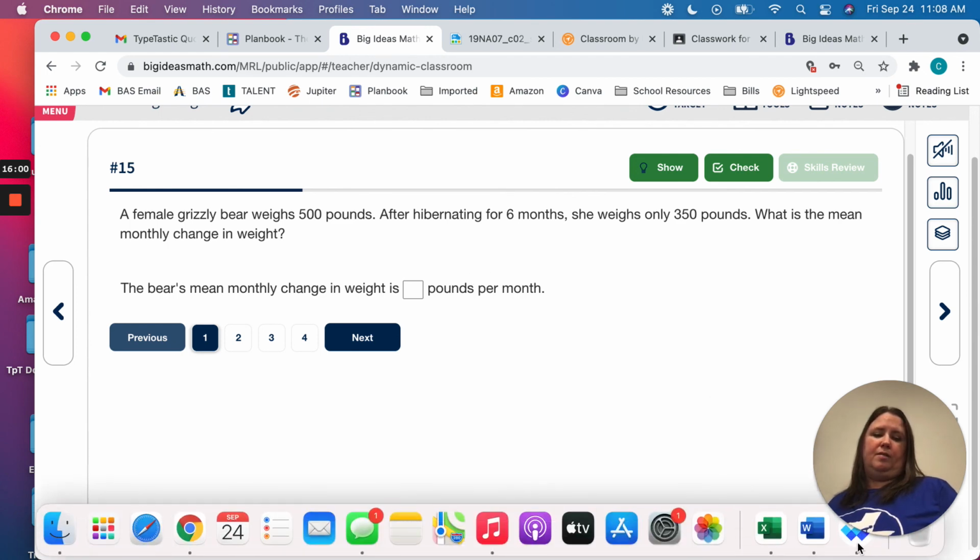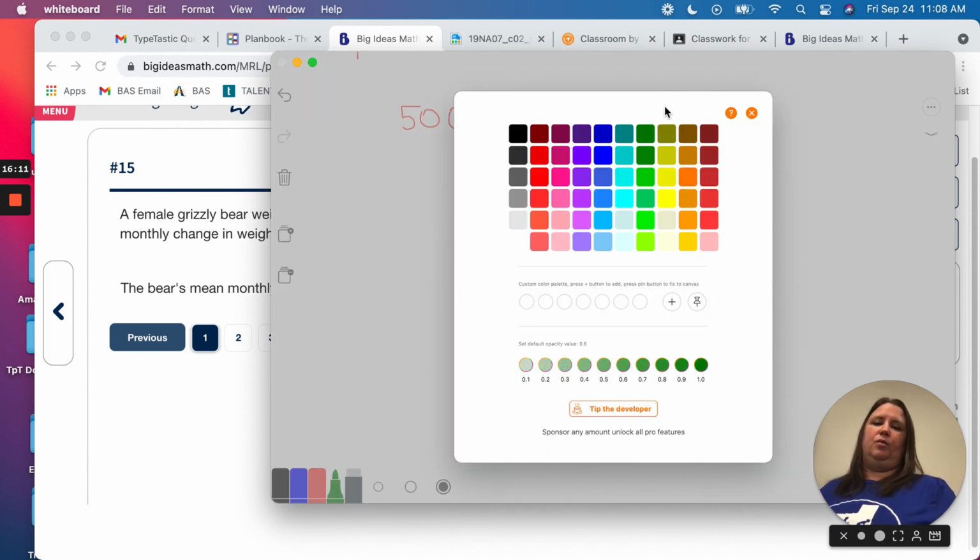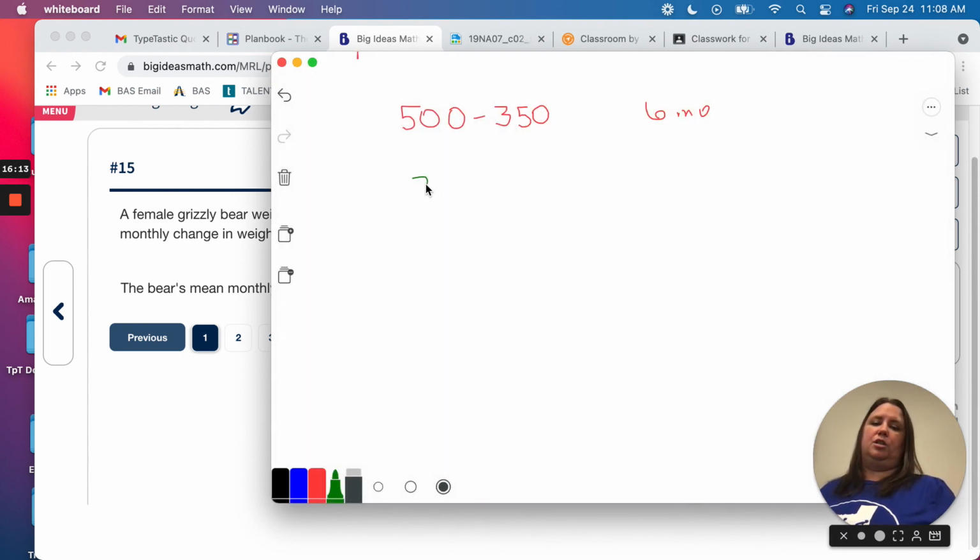So I do have something written wrong. Did the bear gain weight or lose weight? So I actually have to write this in the other order. We write our final weight first, which is 350. That's what the bear weighed at the end. And we subtract the initial weight, the beginning weight.